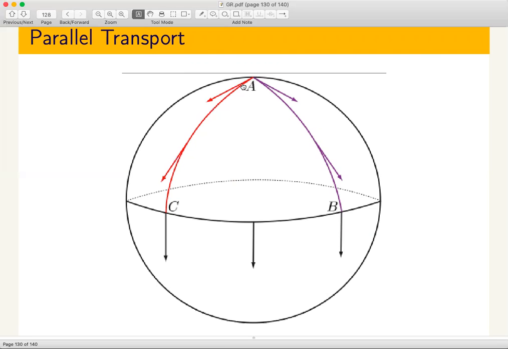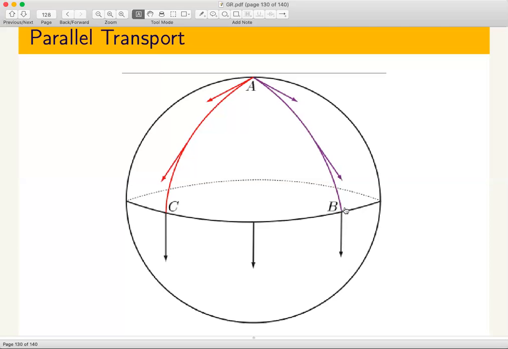You transport it all the way to what we would have called an equator, and at the equator the vector would be pointing this way. On the other hand, this purple vector is tangent to another curve, and if you transport it along that curve, you would land up at the equator with a vector like this.